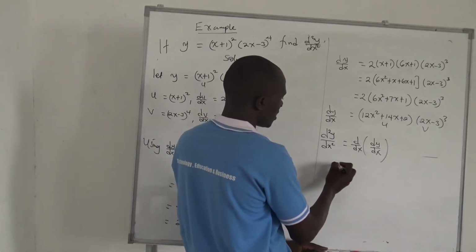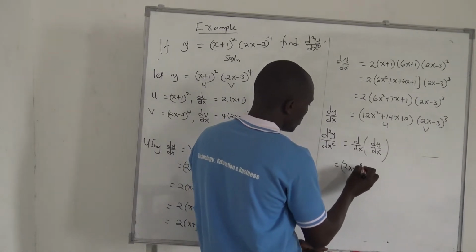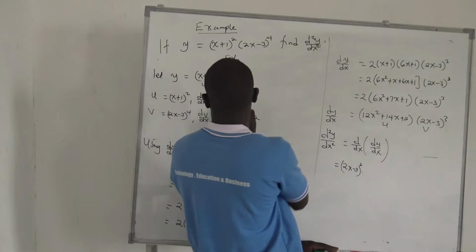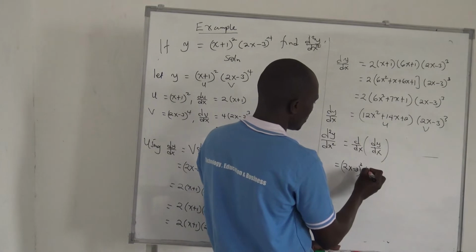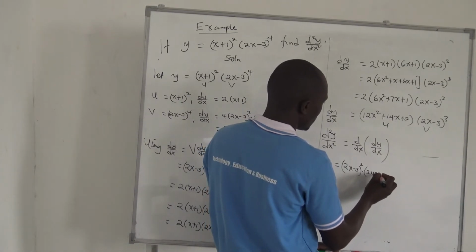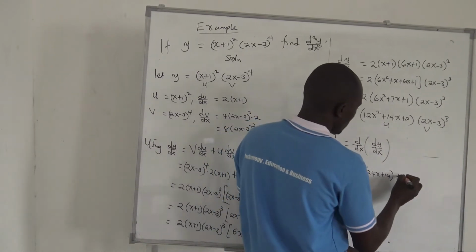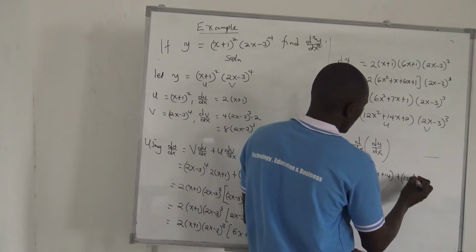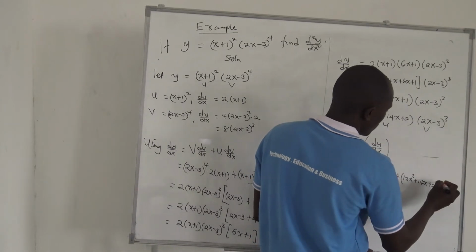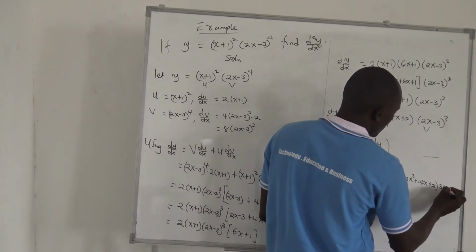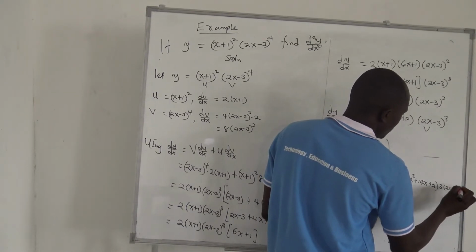What is our v? (2x minus 3) cubed, times du/dx, which is 24x plus 14, plus our u, which is 12x squared plus 14x plus 2, times dv/dx, which is 3 into (2x minus 3) to the power 2 times 2.